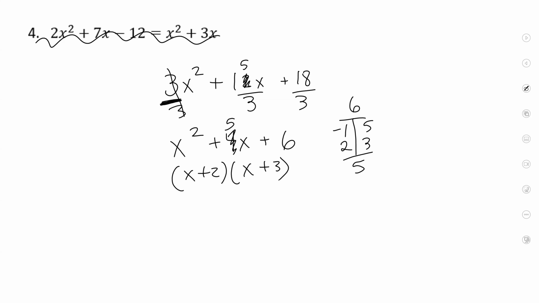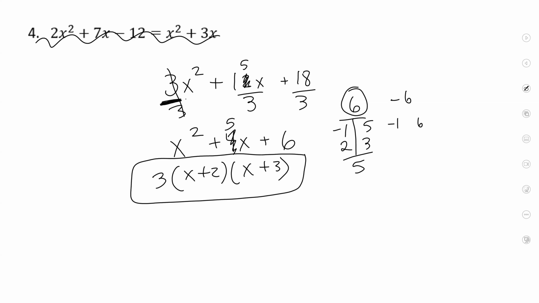And since I divided by 3 in the beginning, just put a 3 on the outside. I can't do -1 and 6 because that would be a -6. I want +6. So these would be your factors. If I divided everything by 3 in the beginning, you need to put a 3 on the outside, okay?